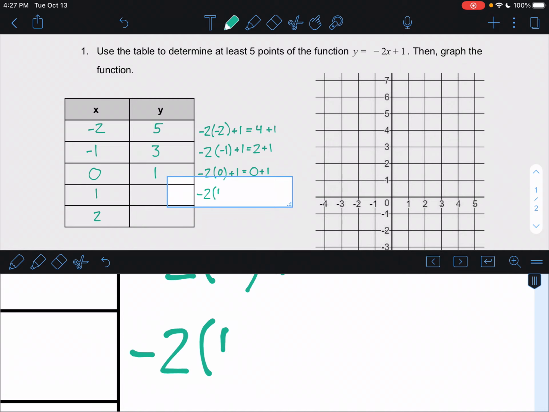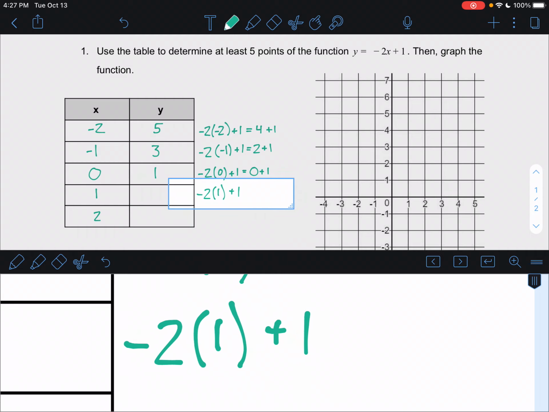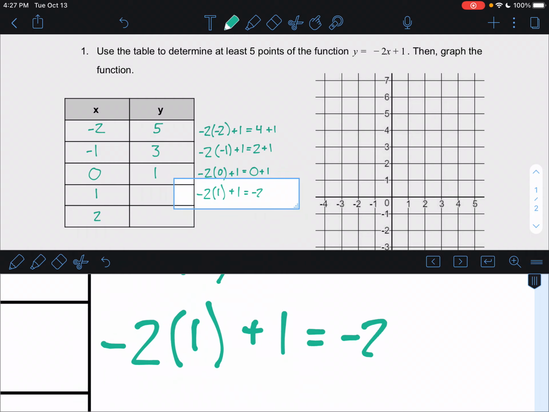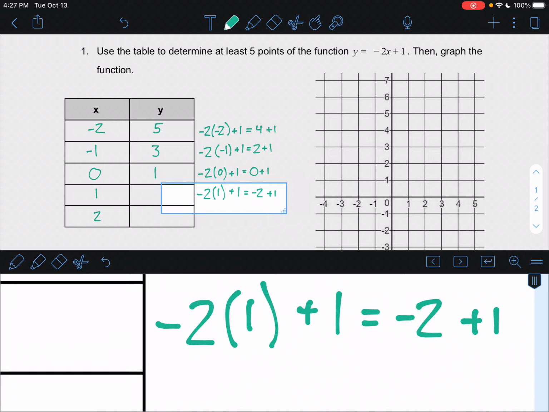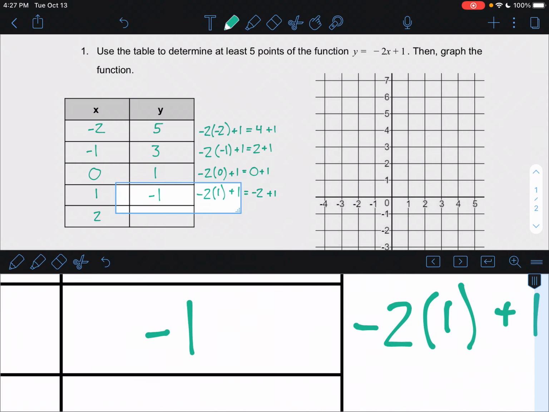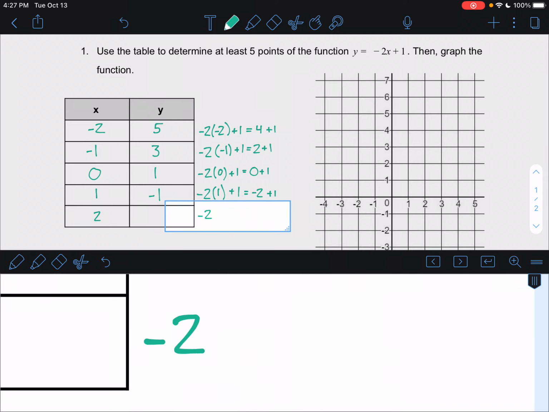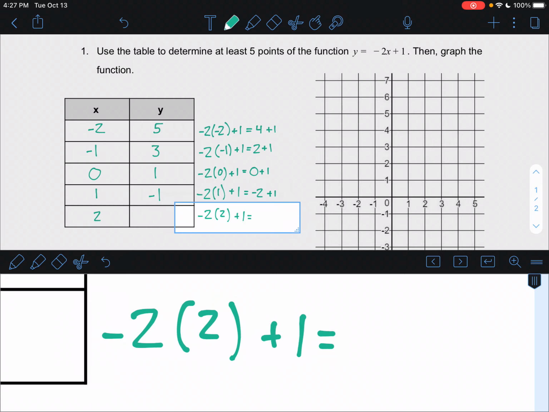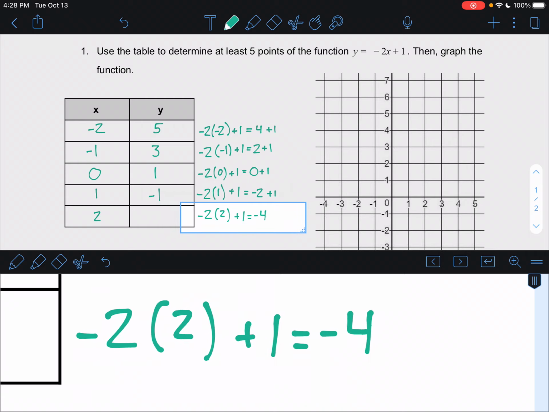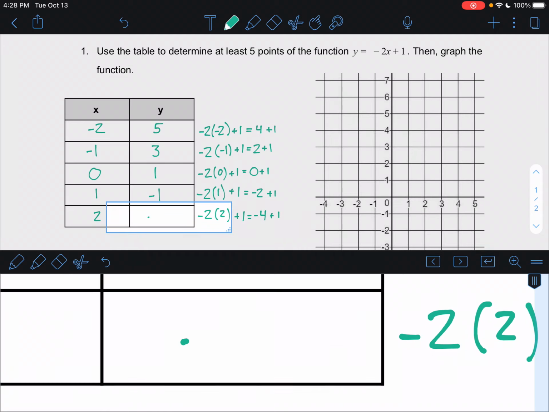Negative 2 times 1 plus 1. Negative 2 times 1 is negative 2, and negative 2 plus 1 is negative 1. And negative 2 times 2 plus 1, negative 2 times 2 is negative 4. Negative 4 plus 1 is negative 3.